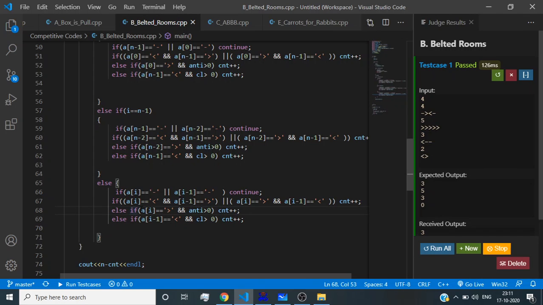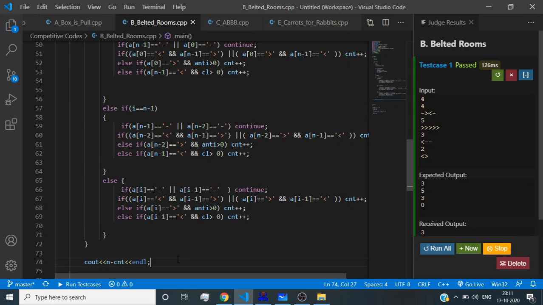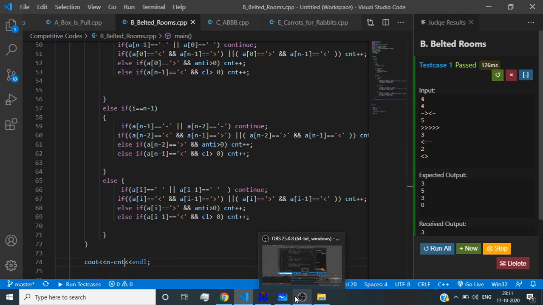If we have this type of node, a clockwise type of node from which our snake is going out of the room, then we must not have any anti-clockwise type of nodes, conveyor belts. And if it exists, then this is also a non-returnable room, and we have included these two cases also. And here we are subtracting all the rooms which we don't want to include in our answer.